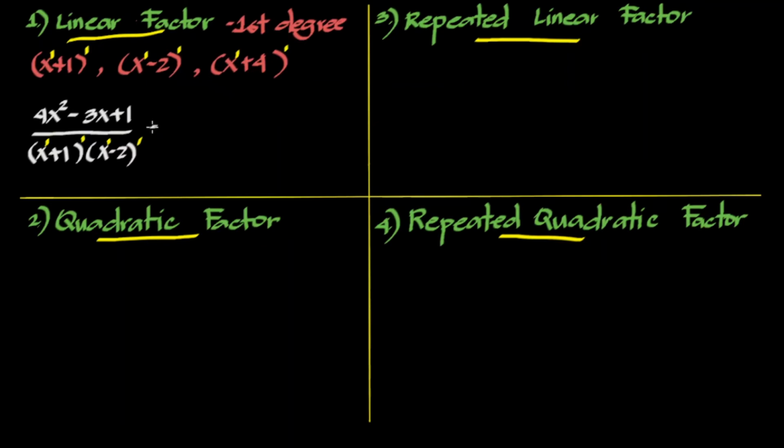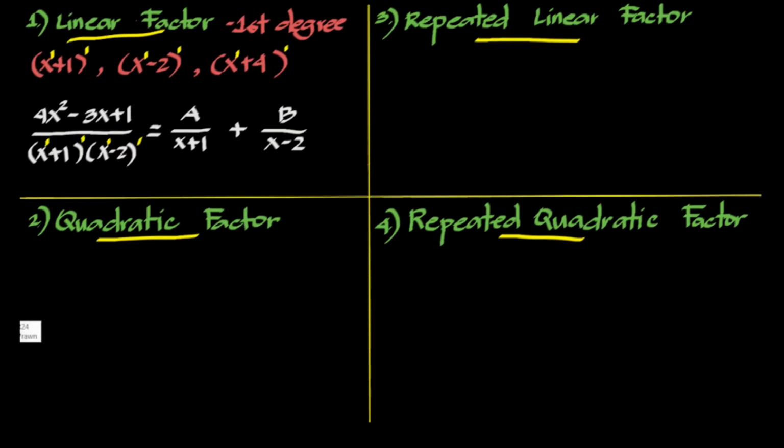So, ang gagawin is ganito lang. Say we have a over first linear factor, which is x plus 1, plus b over the second linear factor, which is x minus 2. Ganyan lang.